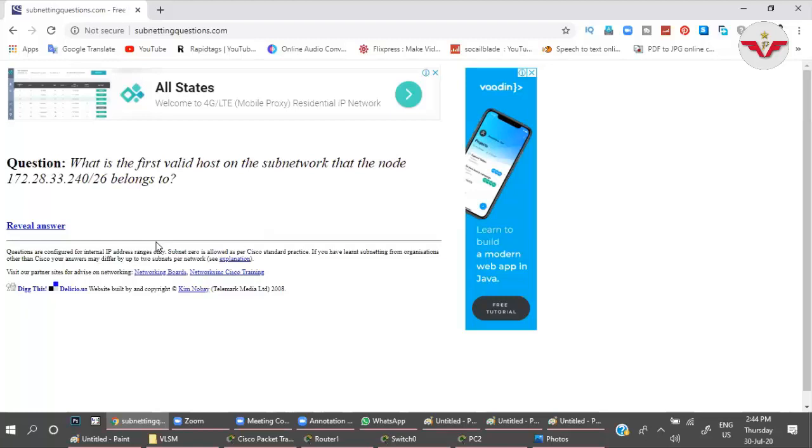So 192, first valid host. You are right, absolutely right. But that is the network address. What is the first valid host? 193. Yes.